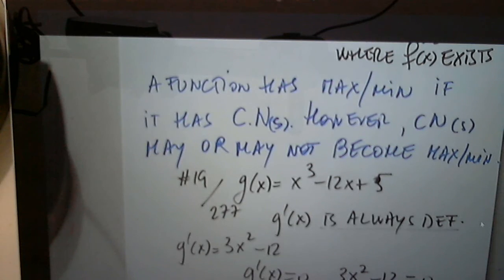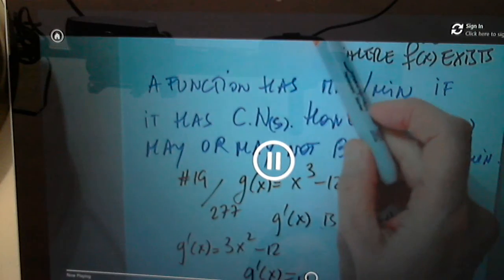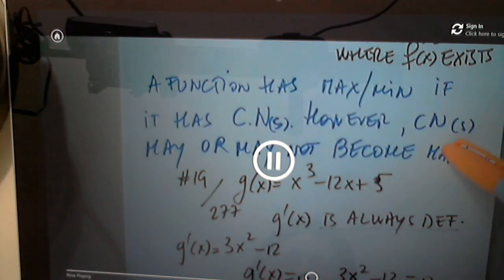And I'm stopping here. We're going to have more examples. This was just a warm-up on the issue. So critical numbers are absolutely critical for a function to have a max min.